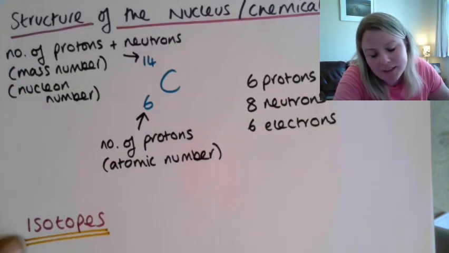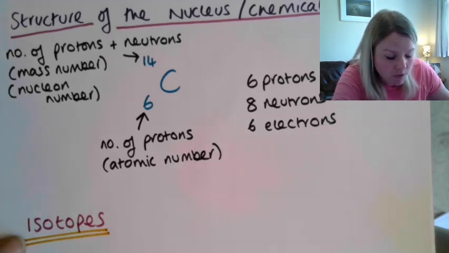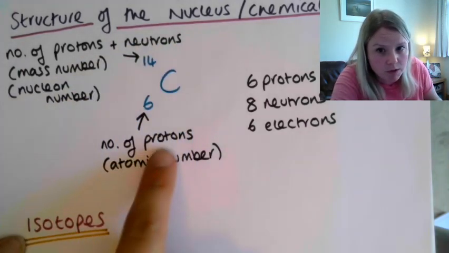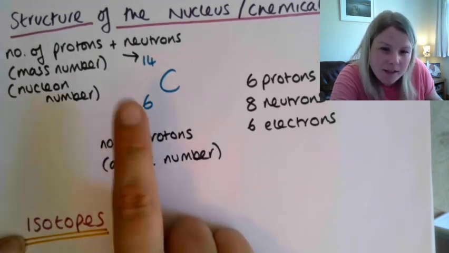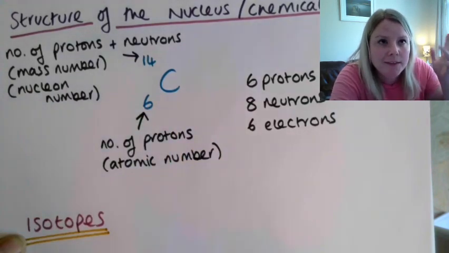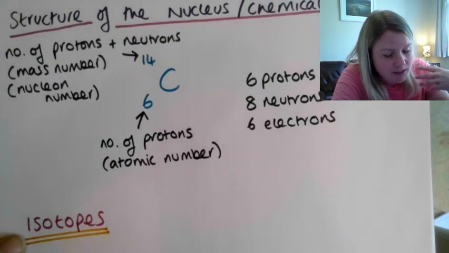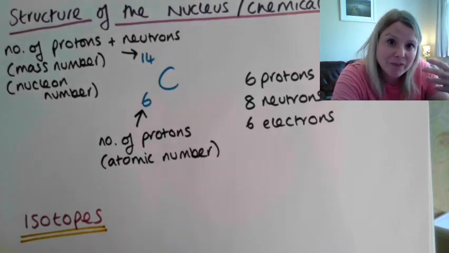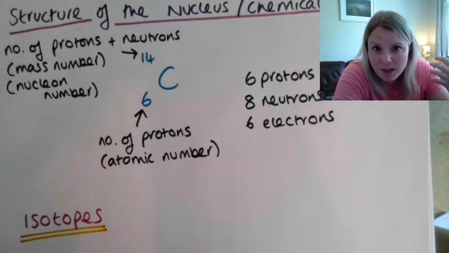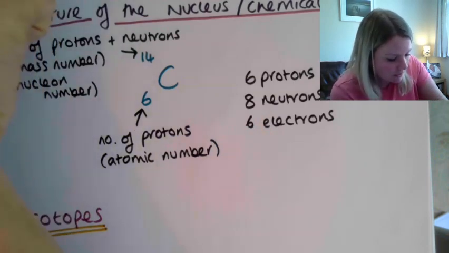Now, the last little thing I'm going to be talking to you about here this week is isotopes. If you remember whenever I was talking about the stuff up here, I said it is the atomic number or the number of protons that determines what element it is that we're talking about. And that's because there's different versions of the same element, right? And they're called isotopes. Probably should have said that.